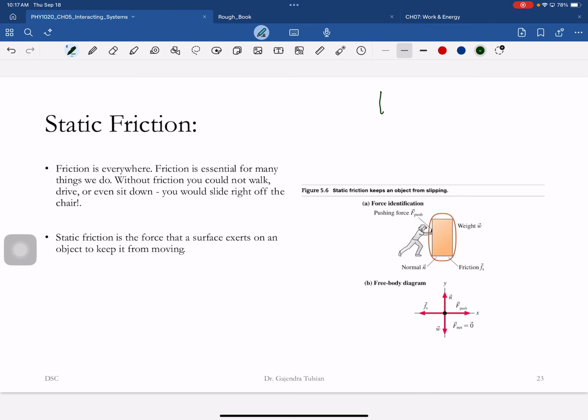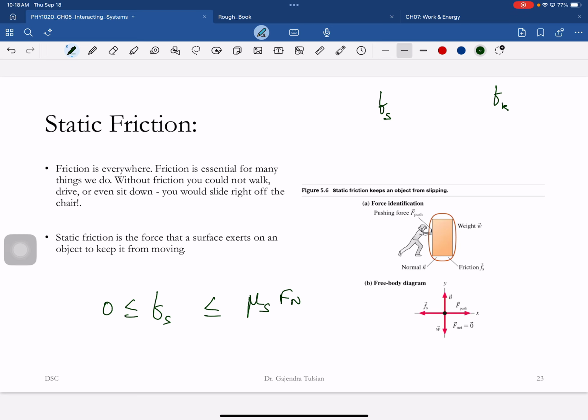So friction forces are denoted by small f, with the subscript S telling you it's a static friction force. We'll talk about another friction force, the kinetic friction force, which has a subscript K. So the static friction force can be anywhere from 0 to a maximum value, and the maximum value is mu s times the normal force.